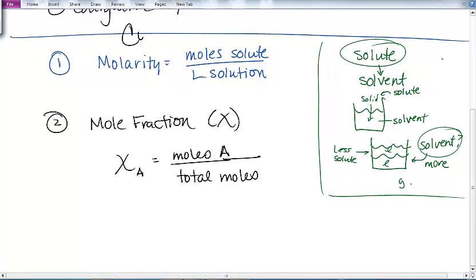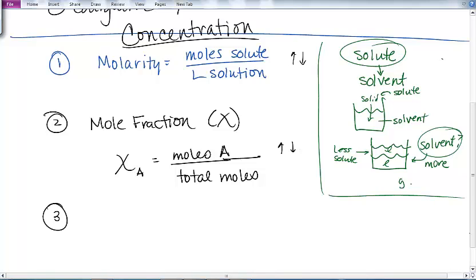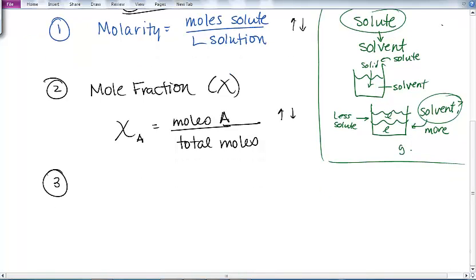Any way we look at it, these units of concentration can tell us how concentrated or dilute something is. So higher molarity versus lower molarity, higher mole fraction versus lower mole fraction. What we're really looking at is how concentrated it is, but different things are measured in different numbers.